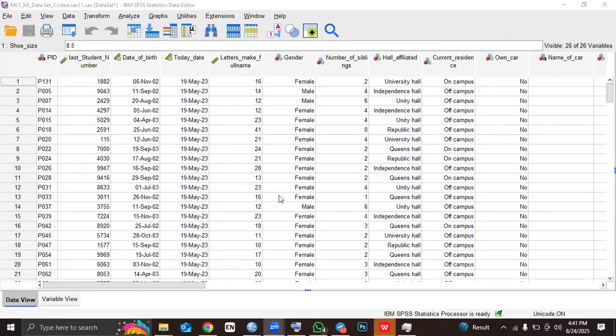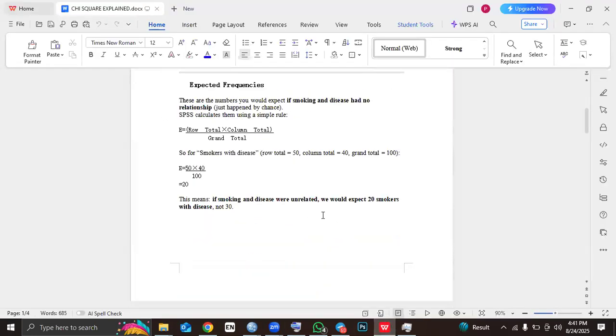Okay, so previously we talked about what chi-square is, the type of chi-square analysis we can run, and when to run them. Then we solved one practical example on how to do the chi-square test of goodness of fit.